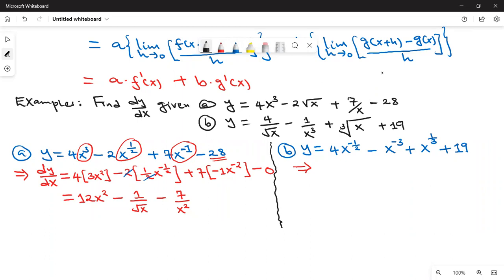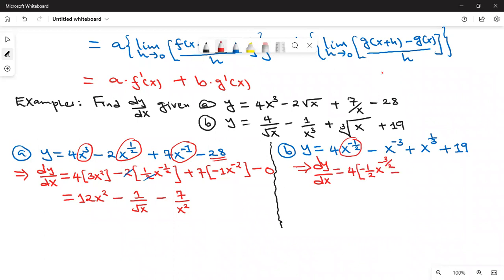So that when I differentiate, we'll now be talking of dy over dx. dy over dx is equal to, apply the power rule, it is 4 times the derivative of x raised to negative 1 over 2. That will give us negative 1 over 2 times x raised to, now you subtract 1 from the power, so negative 1 over 2 minus 1 will become negative 3 over 2.